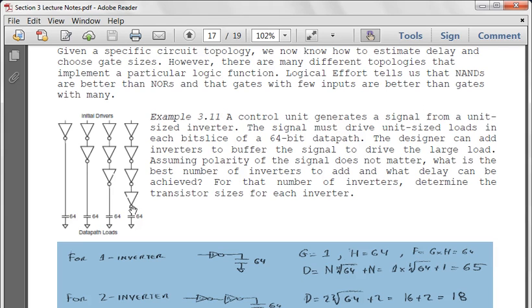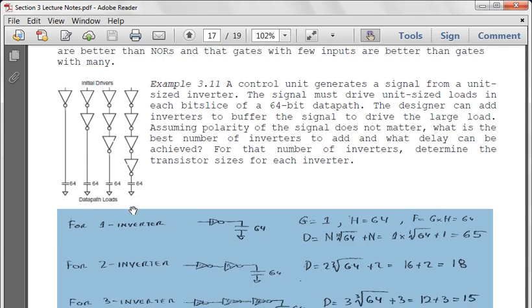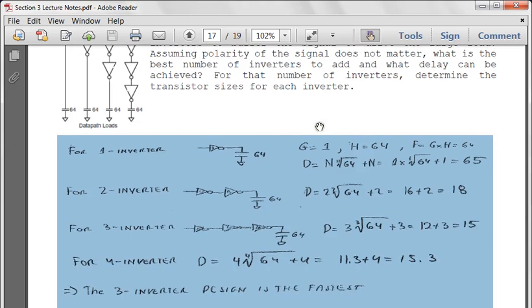So to start out, for the solution, for one inverter, you just have one inverter driving a 64 capacitance. Our G is 1. H is 64 over 1. F equals G times H, just 64.